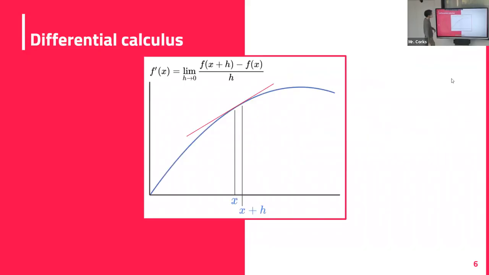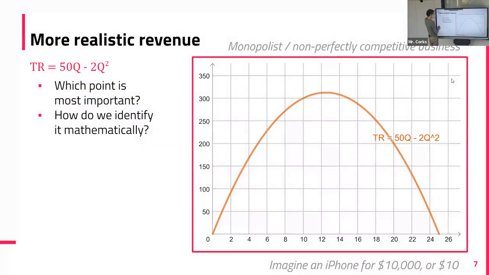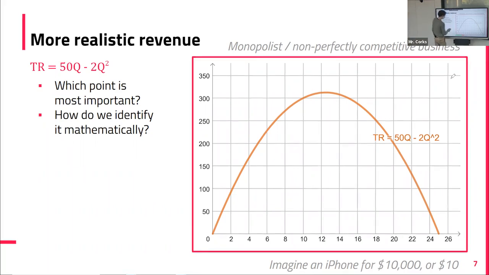Okay, so from last time, we talked about this kind of graph. Which was the point that was the most important on this graph? If you're the person running this business, what point do you care about most? So when our, sorry, one second, let me mute the sound of people joining.